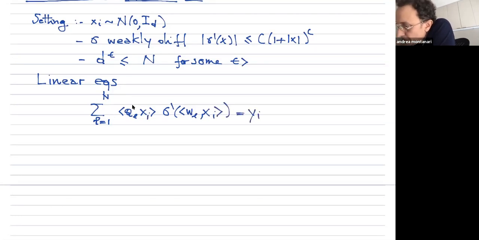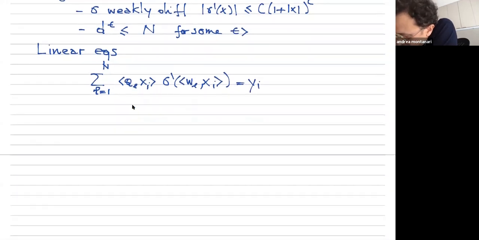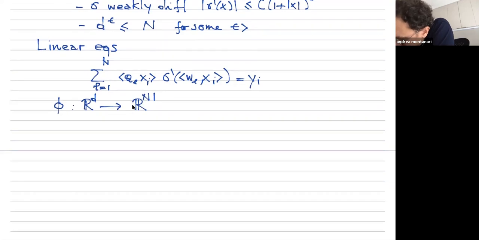So you want to solve this equation in the a_l. It's convenient to define a piece of notation. So let me define this map phi from R^d to R^{Nd}. This is the map that takes a vector x and spits out phi of x.